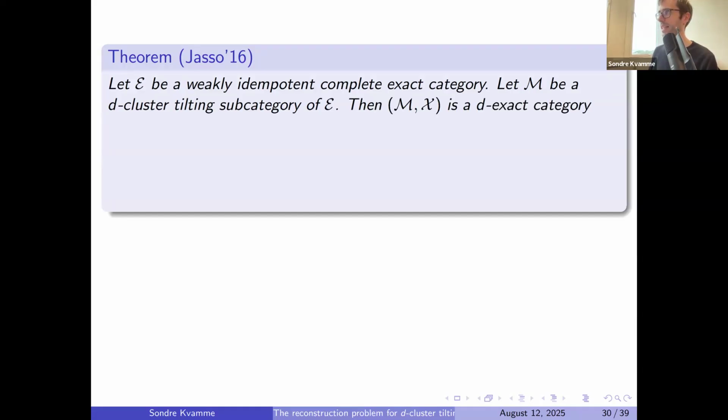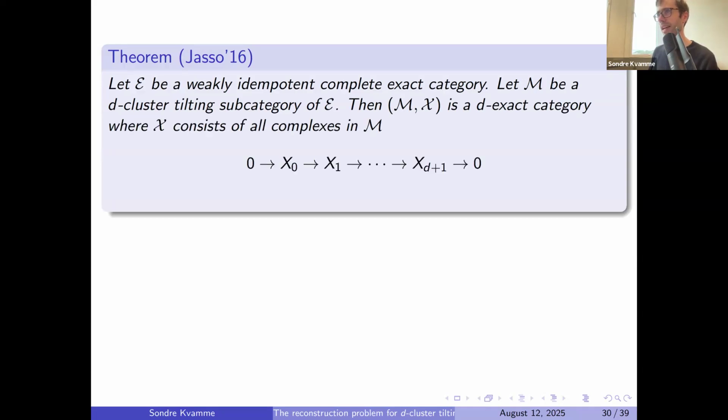M with X is a D-exact category where X consists of all the complexes in M of the correct length, D+2 objects or D+1 morphisms, which when you send them to the ambient exact category become exact under the exact structure of E. So with this structure, you get the D-exact category.